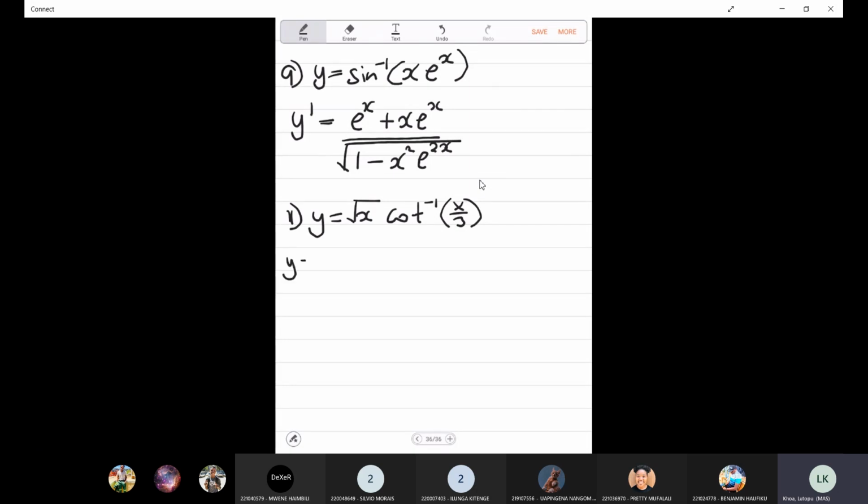So y is equal to the square root of x, and we multiply by the derivative of cot inverse, which is negative the derivative of our function on top, and in the bottom we have 1 plus x over 3 squared. And then the derivative of square root of x, 1 over 2 square root of x, and then we multiply by the second one as it is.